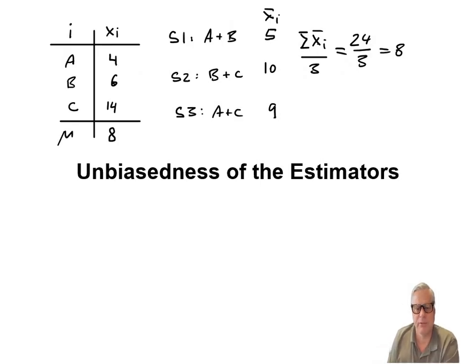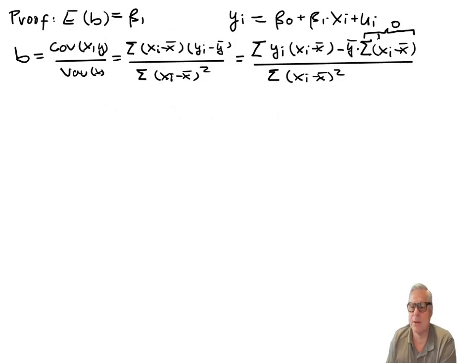Here we had a mean of 8, and if we calculate xi minus the mean, we get 4 minus 8, negative 4, 6 minus 8, negative 2, 14 minus 8, plus 6. And you see that negative 4, negative 2, negative 6, plus 6 is 0. And this is what we see here. So we can write the equation just like this.